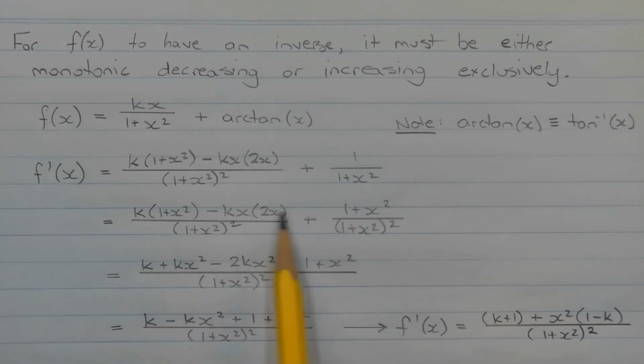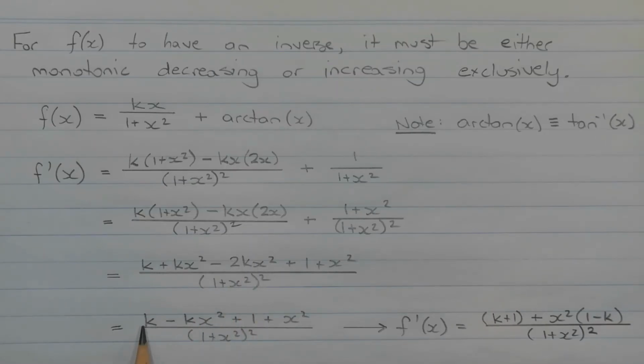We now have a sum of two fractions with a common denominator. I'm going to combine the numerators together and expand the brackets at the same time. So we get f dash of x is equal to k plus kx squared minus 2kx squared plus 1 plus x squared over (1 plus x squared) to the power of 2. Combining like terms, we have a kx squared minus 2kx squared there.